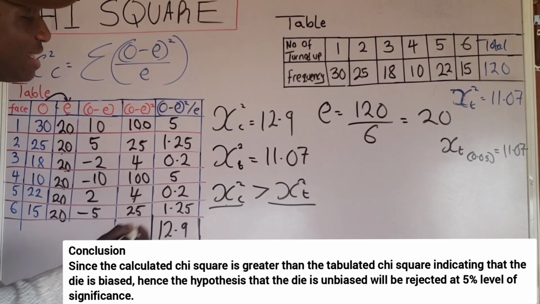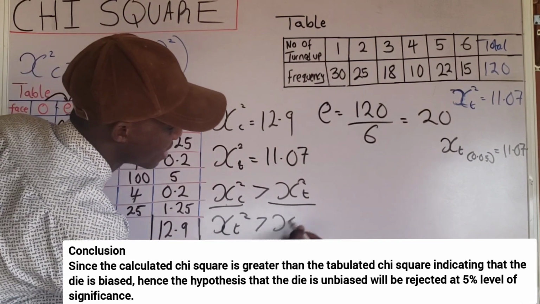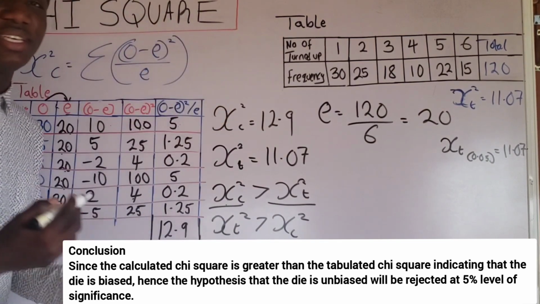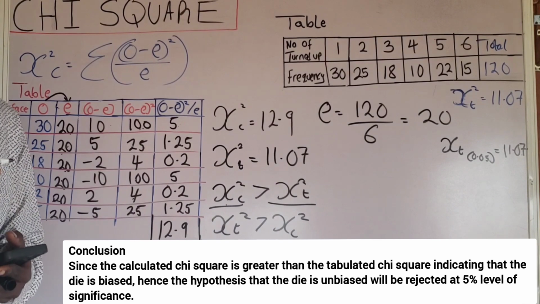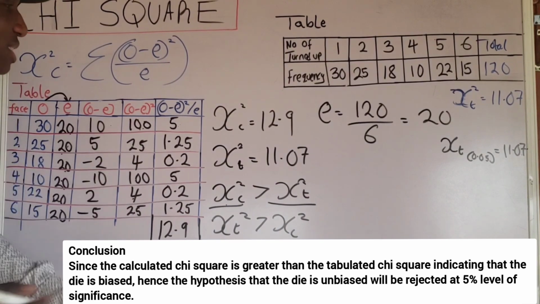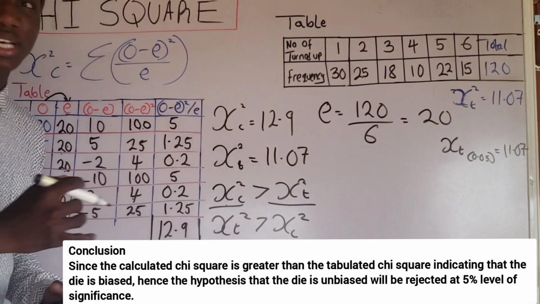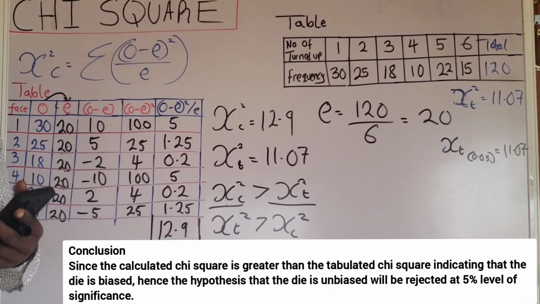Let's say that the tabulated chi-squared is greater than the calculated chi-squared. That implies that the die is unbiased, so we are going to accept it. But because the calculated chi-squared is greater than the tabulated chi-squared, we are going to reject the hypothesis.